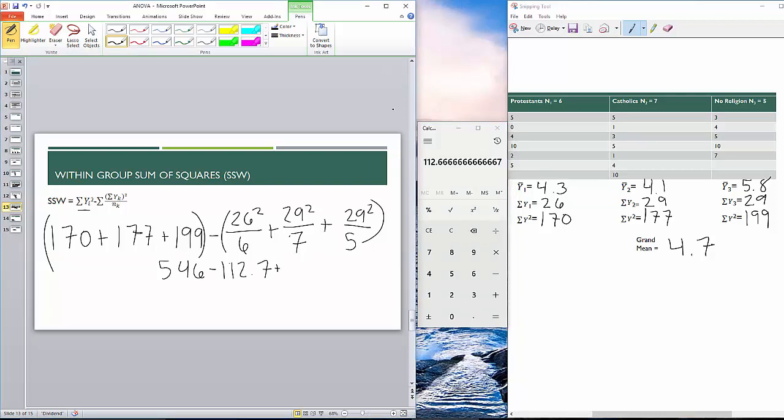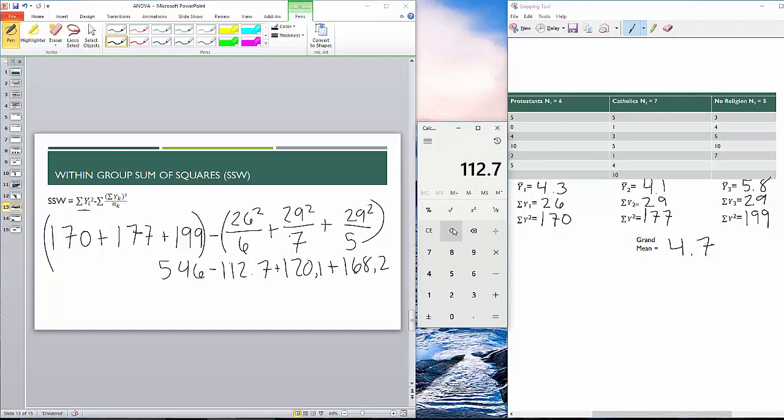Same thing for the second group. 29 squared gets us 841, divided by the sample size of 7 gets us 120.1. And then lastly, we have another 29 squared. This time we're dividing by the sample size of 5 to get 168.2.